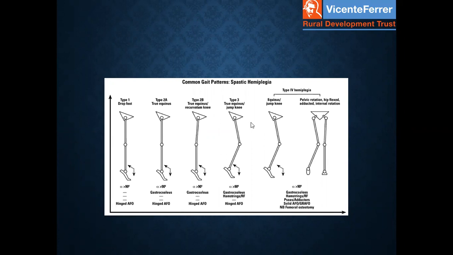So depending on what type of spastic hemiplegia, the treatment slightly changes. If it is only gastrosoleus spasticity, it is advisable to go for Achilles tendon lengthening procedures.